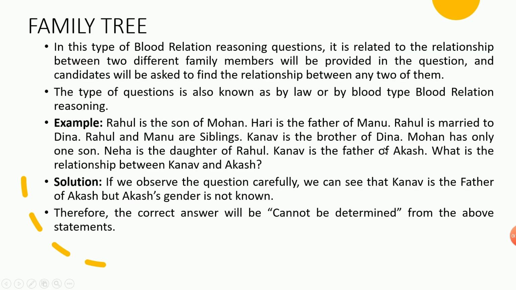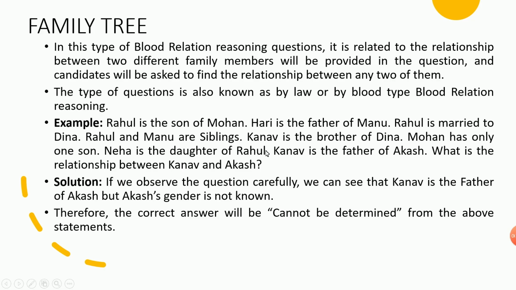But since they have given Kanav is the father of Akash, they have not determined the gender. So the correct answer will be cannot be determined from the above statements. Look carefully, with the name we can say directly father and child. Still, since the gender is not mentioned here, we cannot assume directly. So they have given it as cannot be determined.